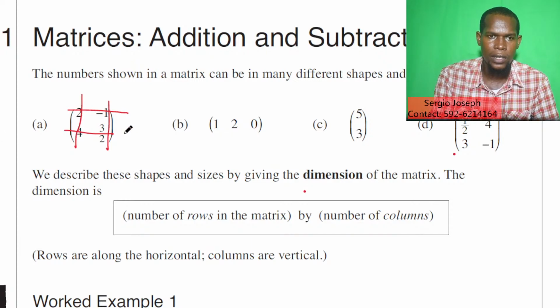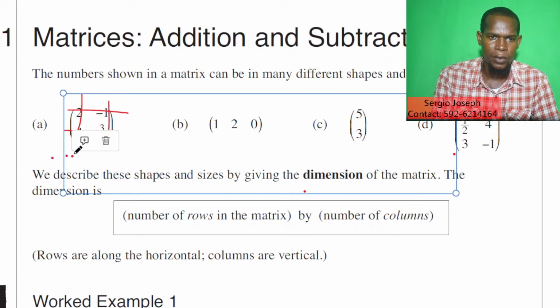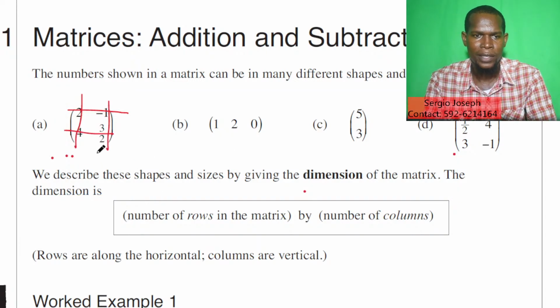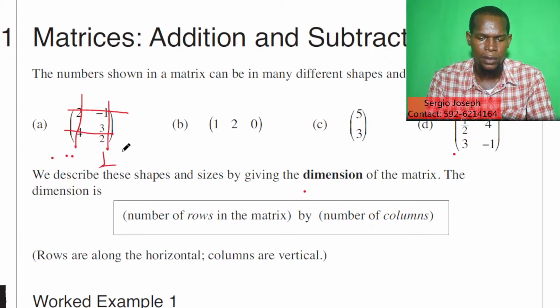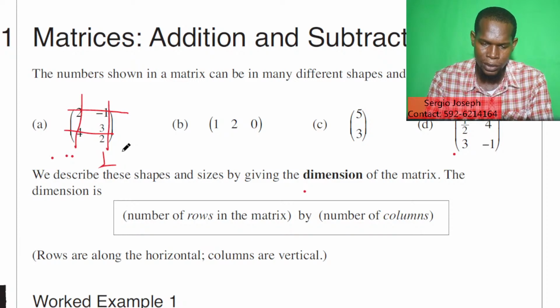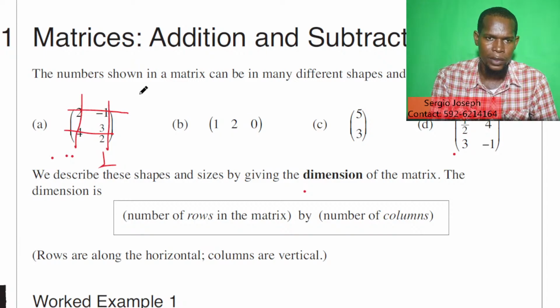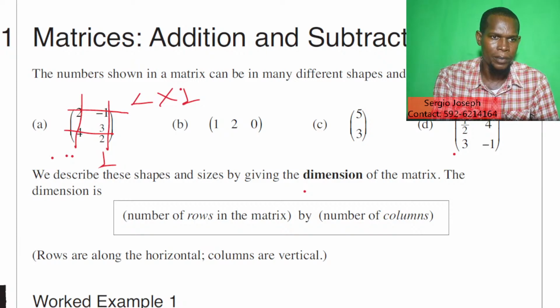This is a 2 by 2. Come on, behave itself. Trying to get 2 written and it's not doing justice.